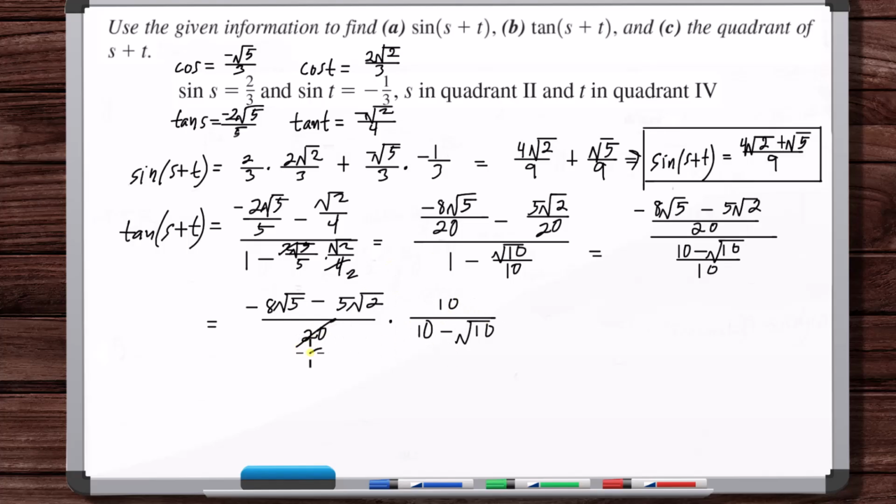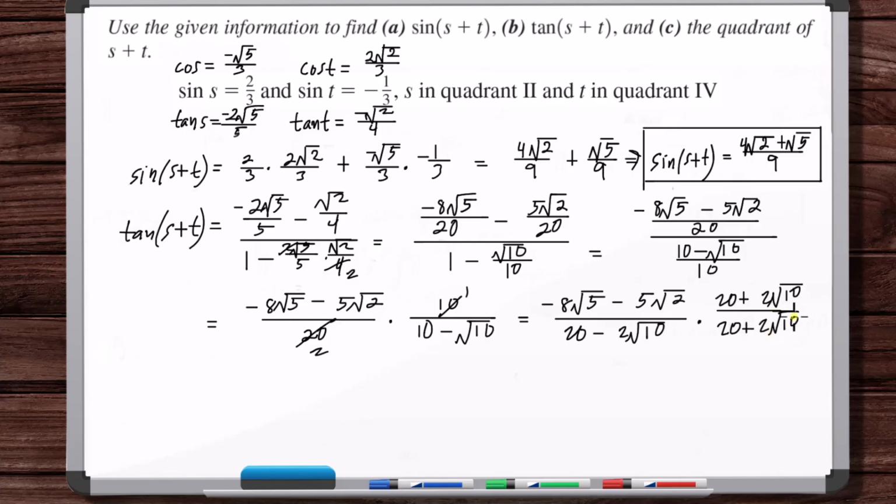Okay, so this is 2. So we've got minus 8 root 5 minus 5 root 2 over, and that would be 20 minus 2 root 10. Okay, now let's multiply this by 20 plus 2 root 10 over 20 plus 2 root 10.